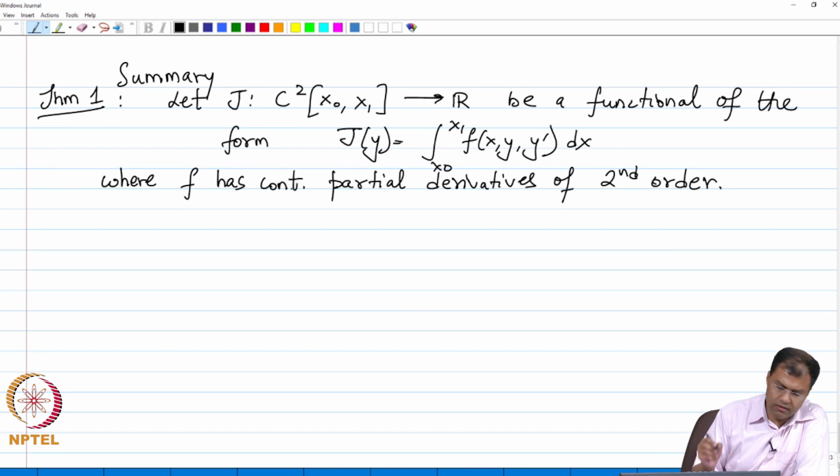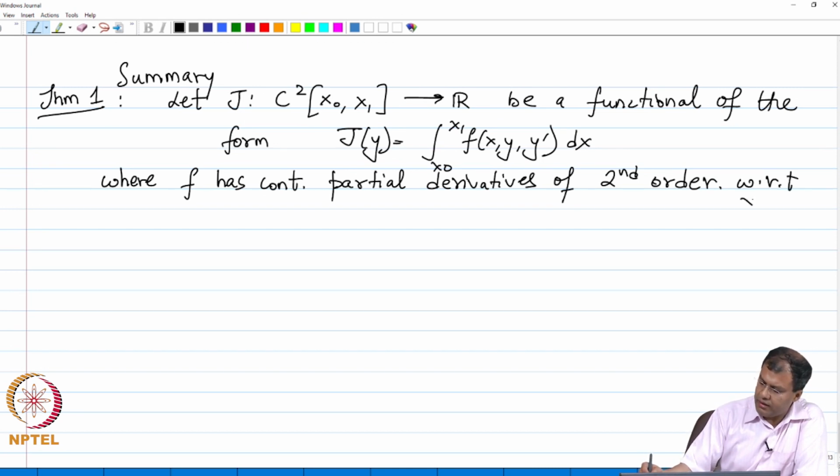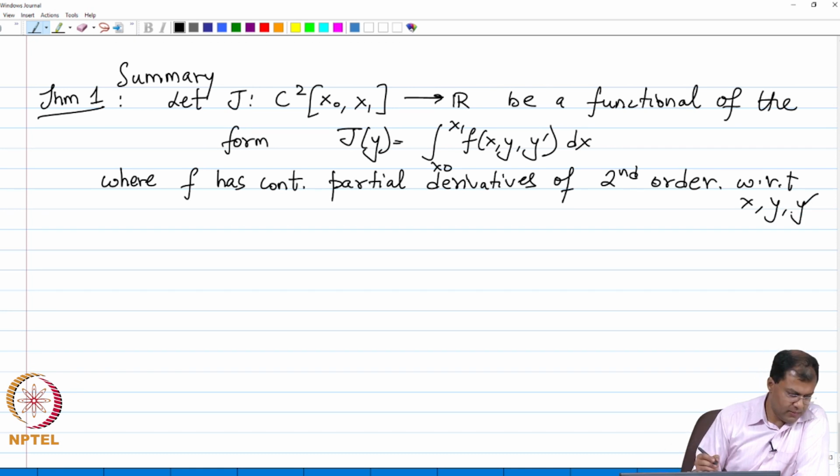So, the integrand has continuous partial derivatives of second order with respect to the variables x, y, y prime.